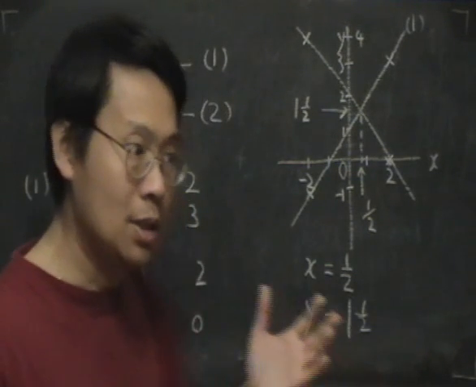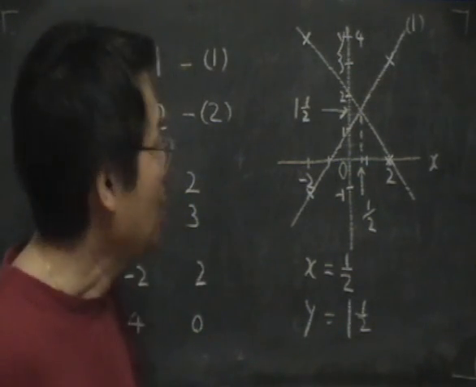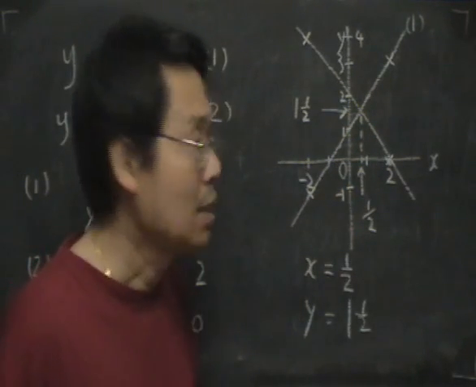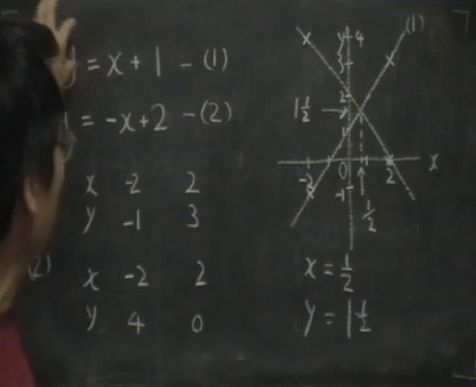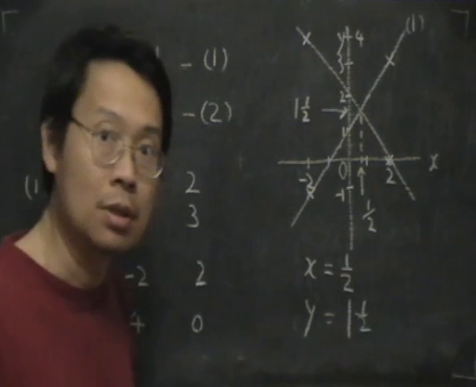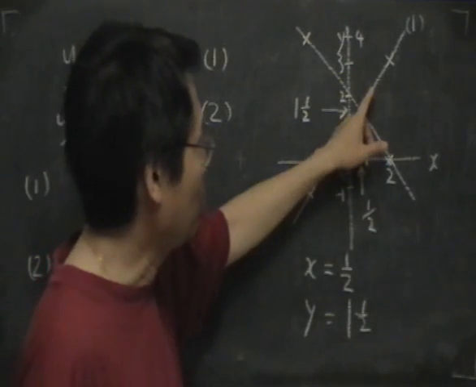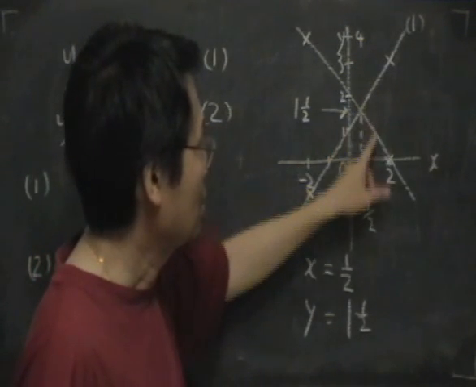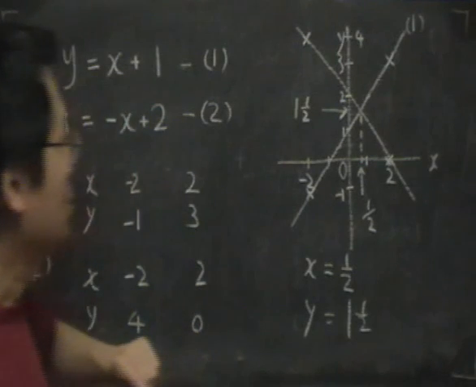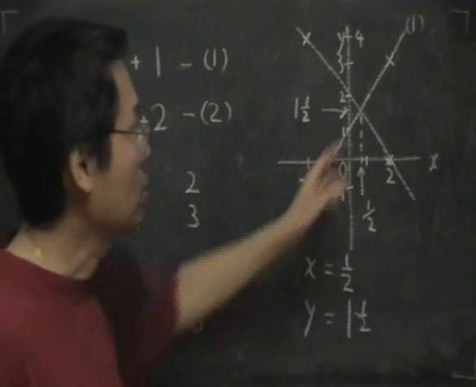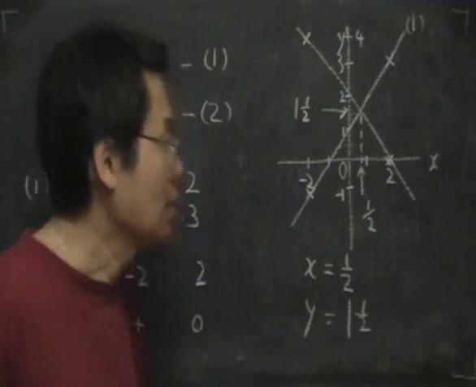So you can turn this idea around and say that if I have a point on that line, then that point must have come from that equation. So if I pick any point, then the x and the y must satisfy that equation. Otherwise, that point should not be on the line.